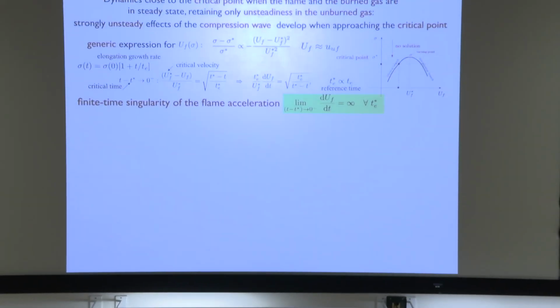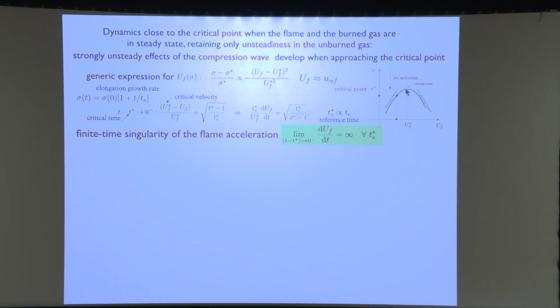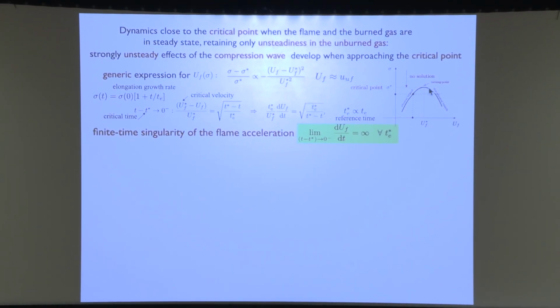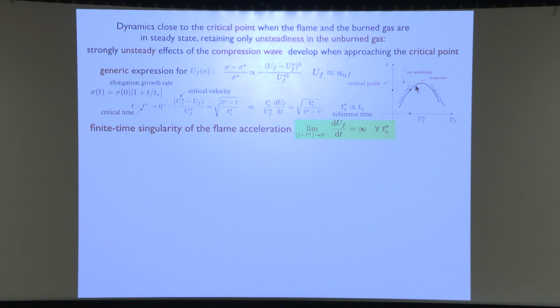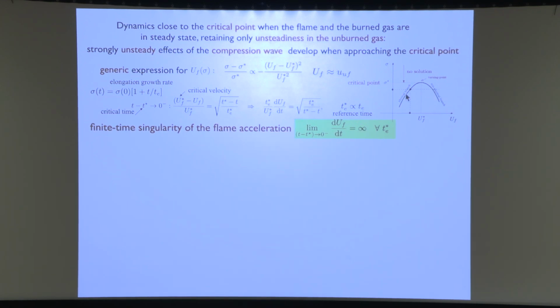Why? Close to this turning point, assuming that you are on the physical branch, you should have a quadratic relation between the elongation, sigma, and the laminar flame speed.